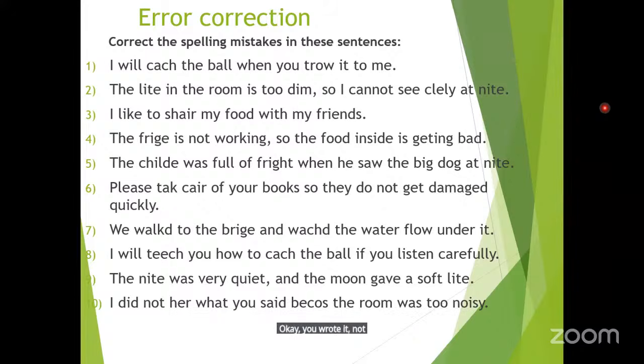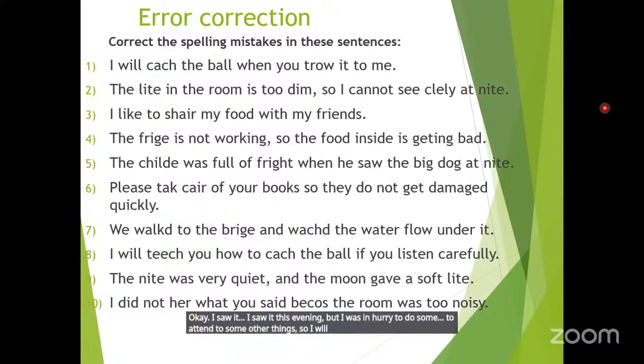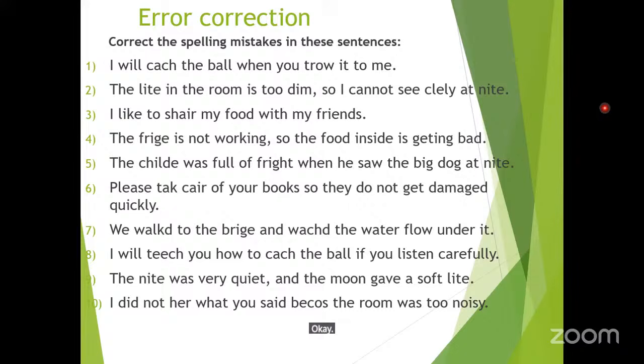It's already past tense: I wrote it, not I write it. I saw it this evening, but I was in a hurry to attend to some other things. So I will attend to it tomorrow by the grace of God. Do you have any other question or complaints? No, just that.